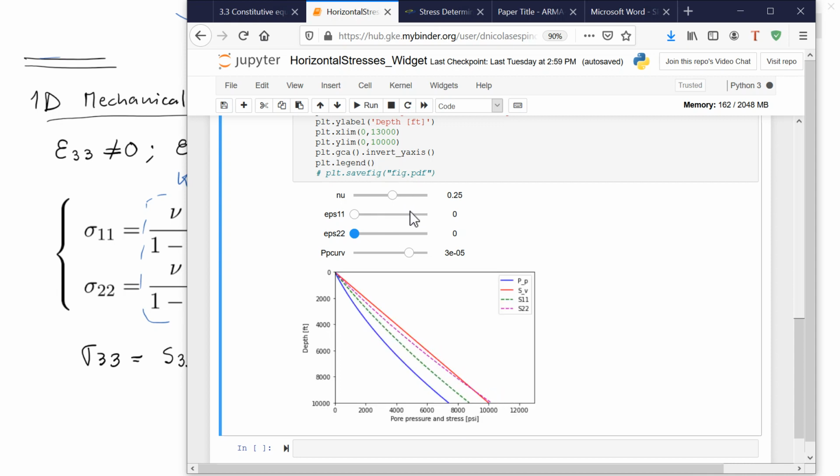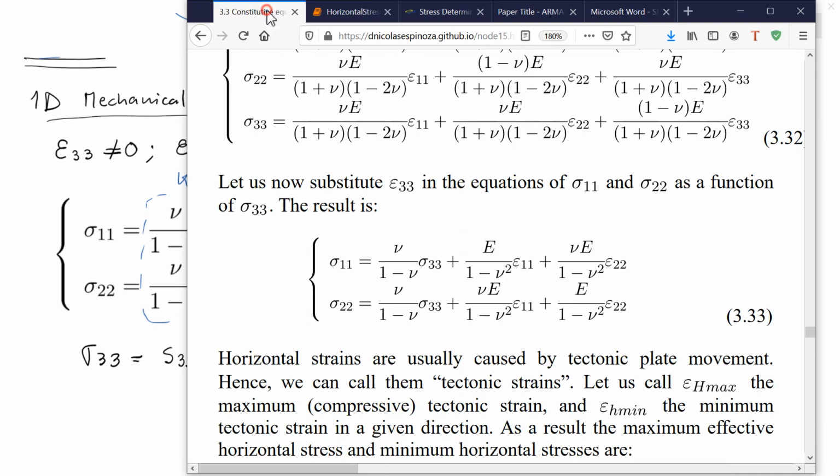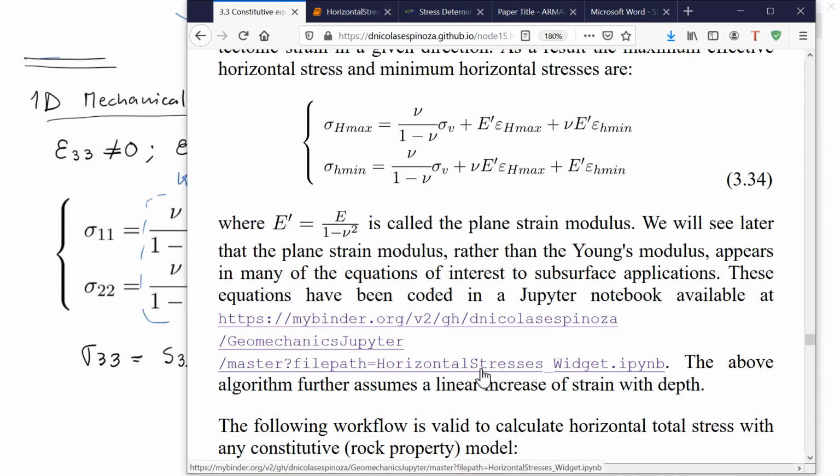For a Poisson ratio of 0.25, I'm going to come back to the condition in which the horizontal stress is about 1/3 of the effective vertical stress. So if I keep on increasing the pore pressure, then that rule is still going to hold. All right, so if you want to play with this, the link is right over here under equation 3.34.